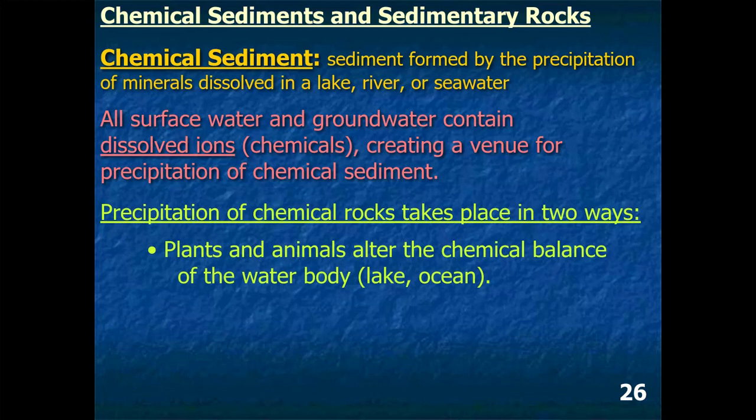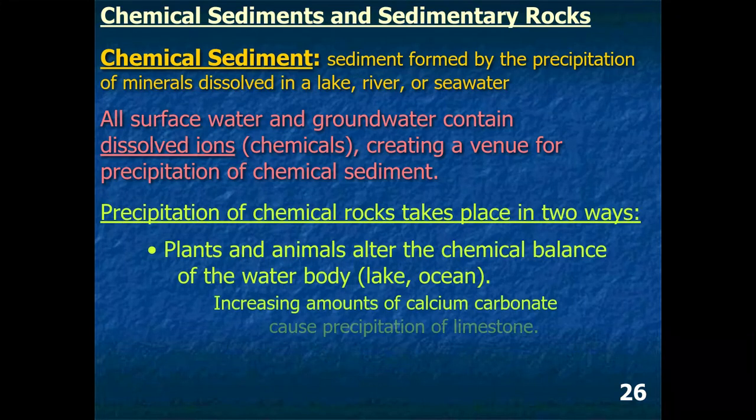As they grow and as they produce waste products and so forth, they have a tendency to alter the chemical balance of the particular water body. And so that chemical alteration of the water can lend itself to various types of chemical sediments that would precipitate or come out of the water body.